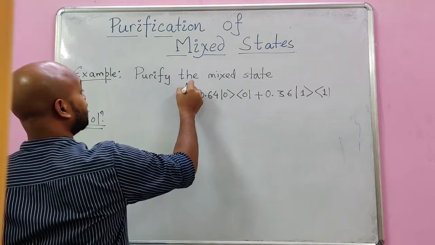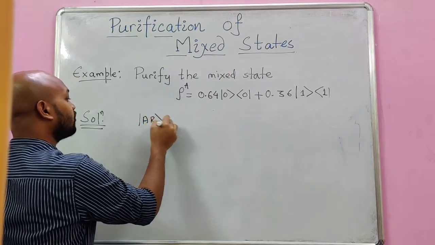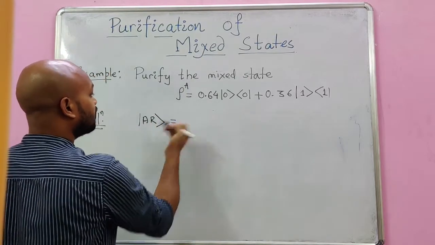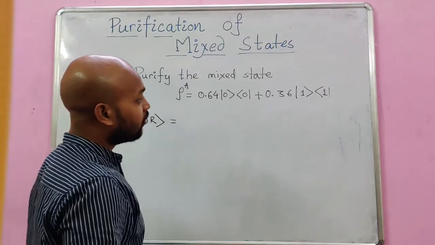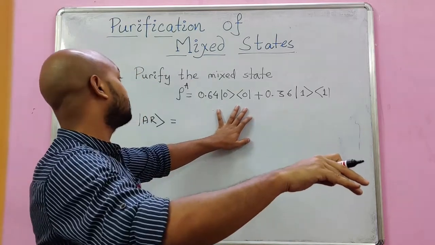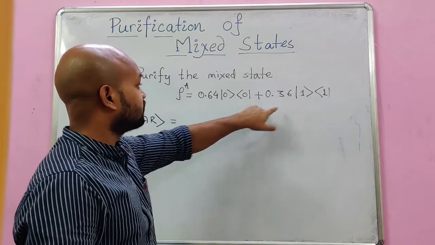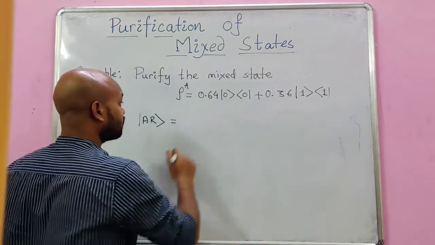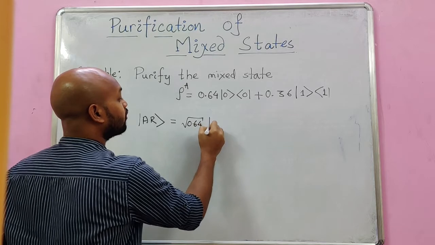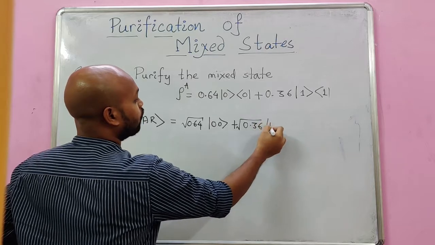So this is our system A. Now we have to design a composite system by taking the reference system R in a certain basis, which is the same state space in which this rho is diagonalized, and this rho is diagonal in this computational basis. So our state would be 0.64 |00> plus 0.36 |11>, each under a square root.